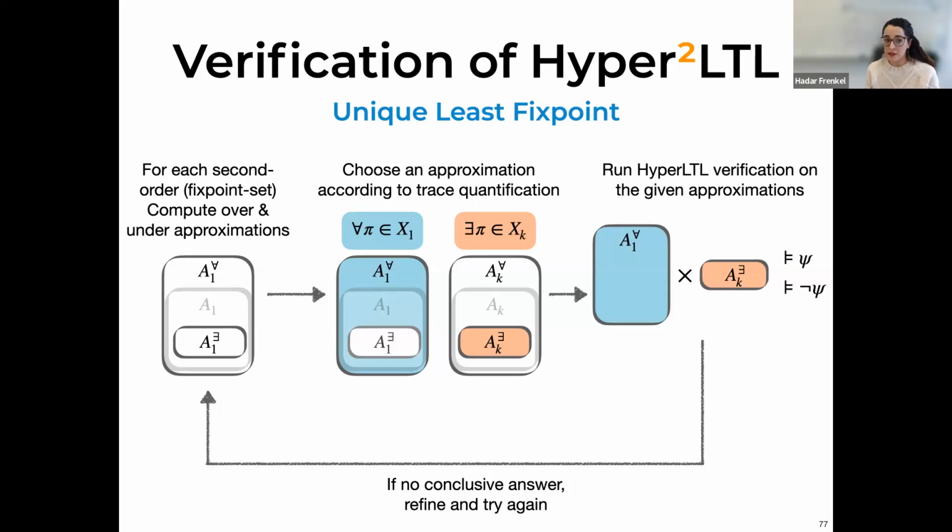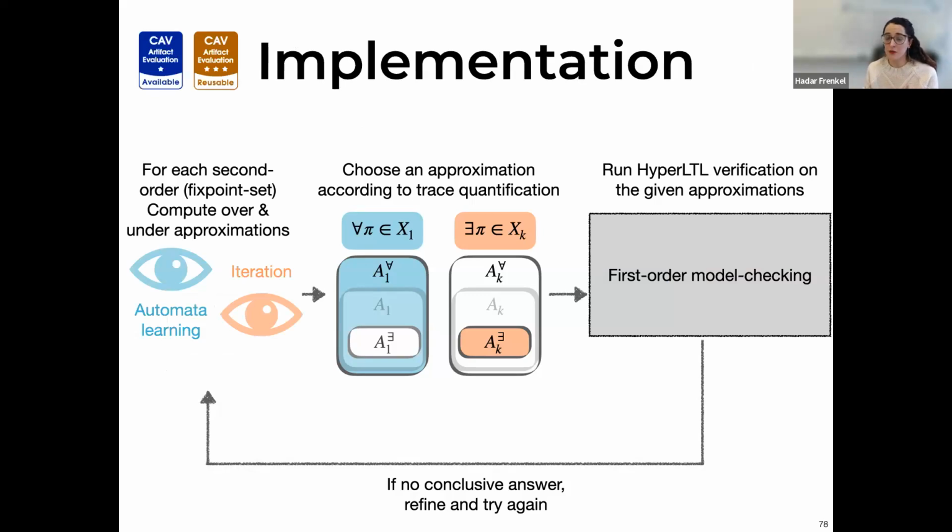And the challenges here are, first, how to compute over and under approximations; second, how to capture exactly the relations between first order variables and second order variables; and third, to perform first order model checking. So first order model checking we perform using existing algorithms. We implemented them to work with our setting, but there is nothing new there.